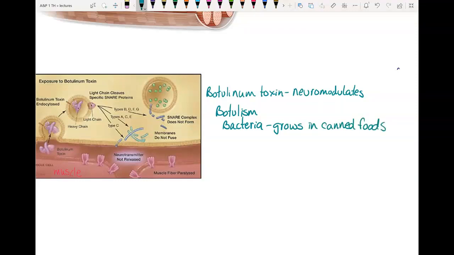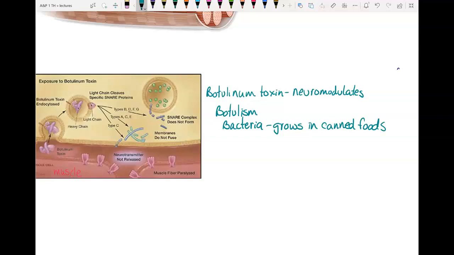Now, today, technology and sanitation have improved, and it's very rare you're going to go to the grocery store and get some canned food that has botulism in it. But years ago, before the technology was what it is today, you did sometimes get botulism in canned foods.